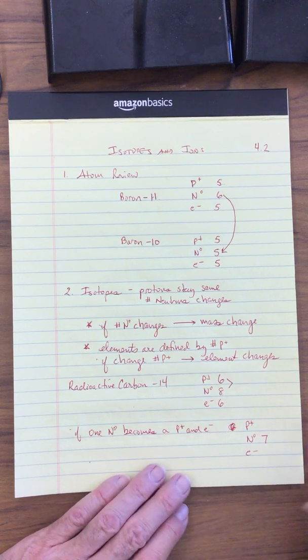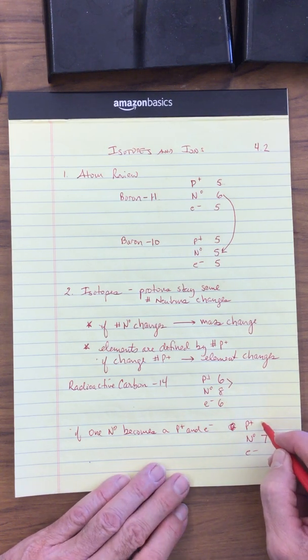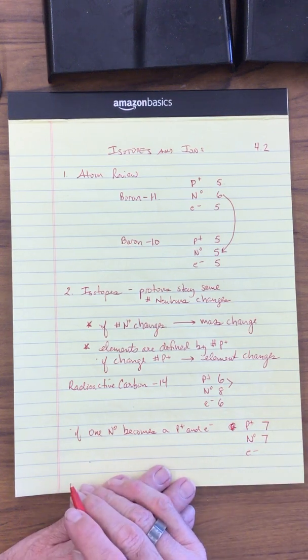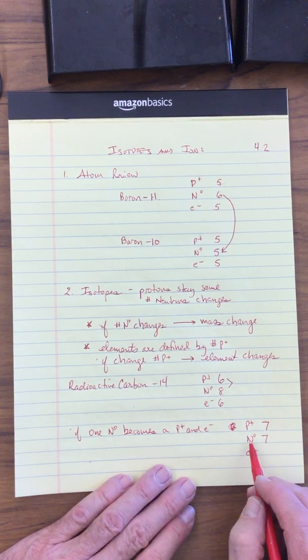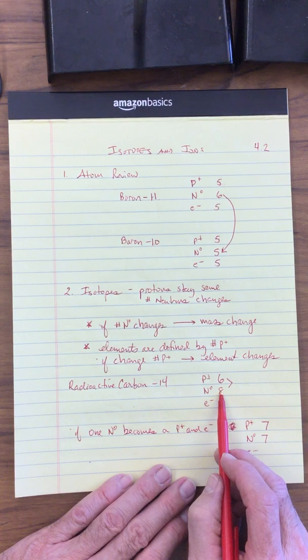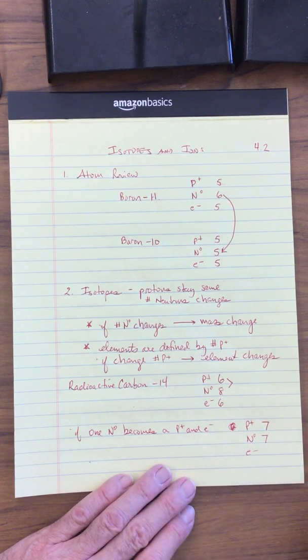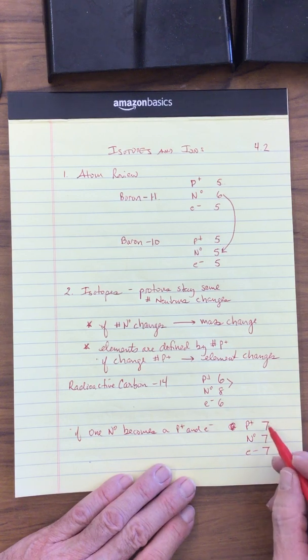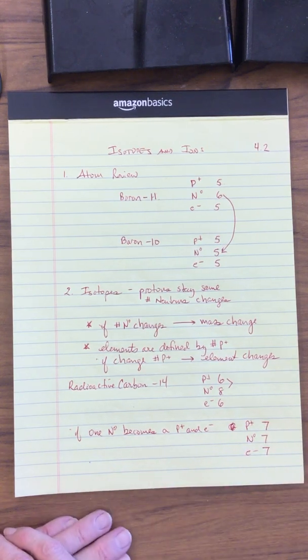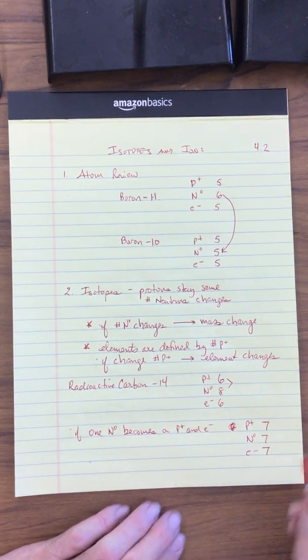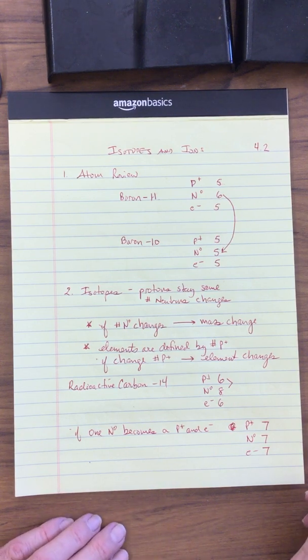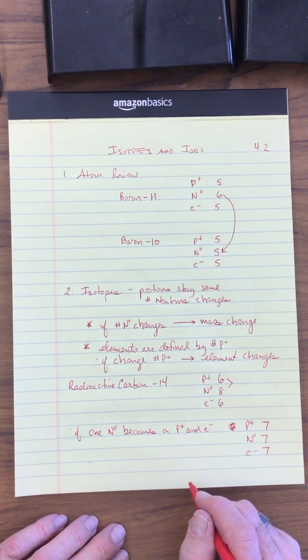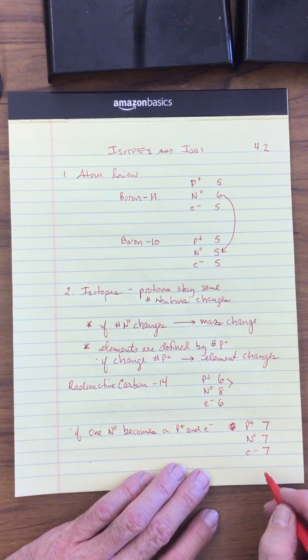How many do we have now? We have 7. And the neutron broke down to produce a proton and electron, so we have one more extra electron because this is now a neutral atom, and those have to be the same. And this is called nitrogen 14.